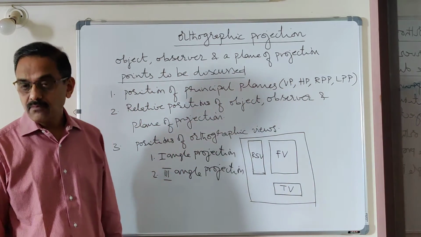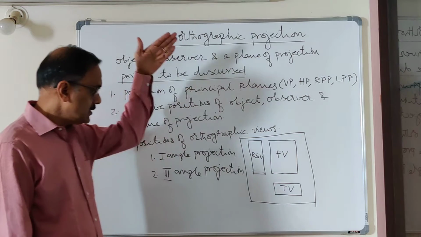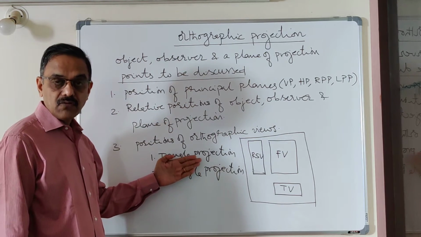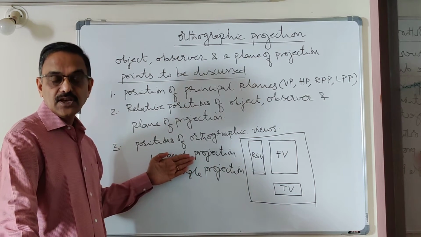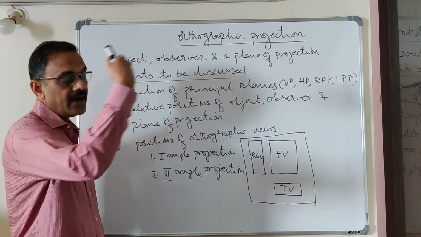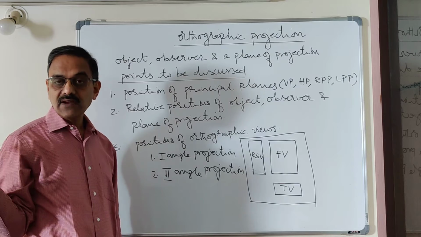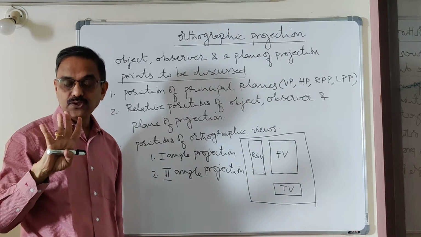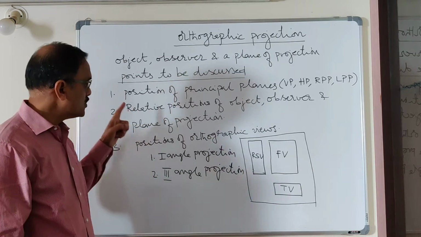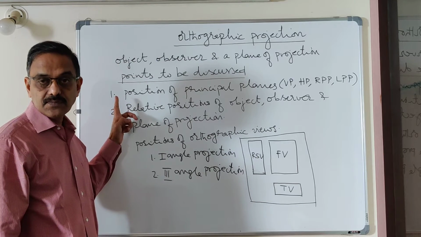How did we position them in first angle projection? This was VP, the front wall. The ground was HP, the horizontal plane. The right side wall was the right profile plane. The left side wall is the left profile plane. So you have four planes. That is how we positioned them.